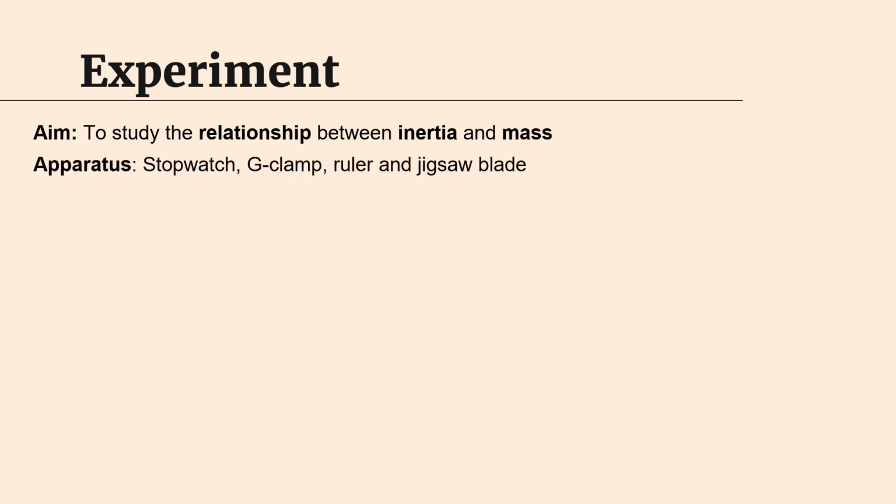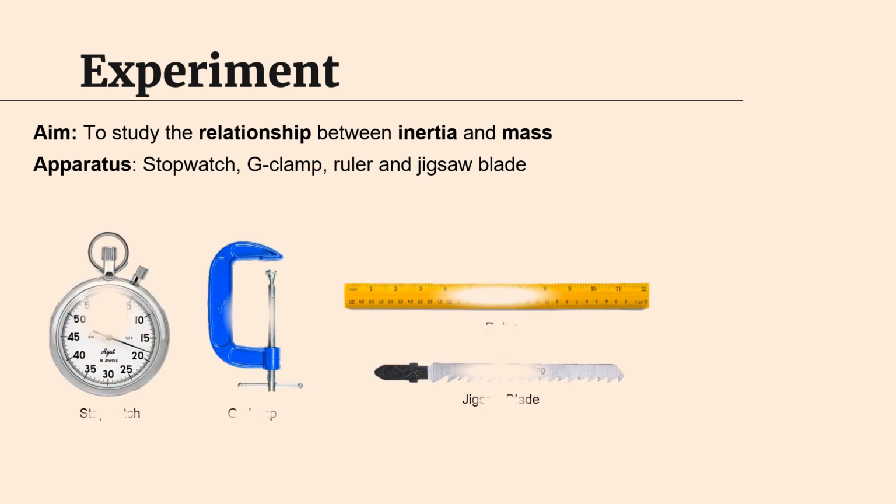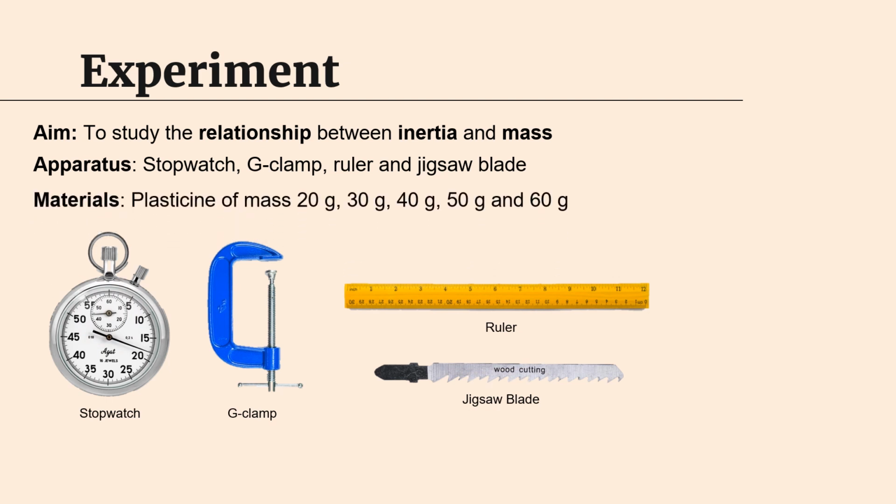The apparatus needed for this experiment is stopwatch, G-clamp, ruler, and jigsaw blade, and the material needed is plasticine with mass 20 gram, 30 gram, 40 gram, 50 gram, and 60 gram.